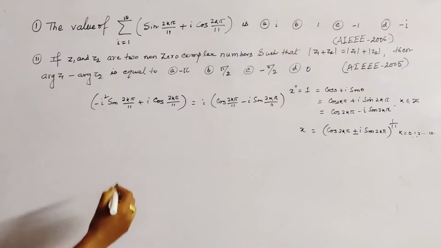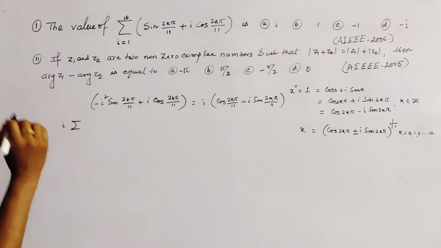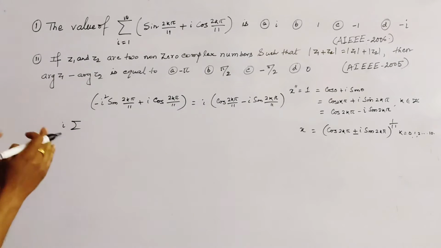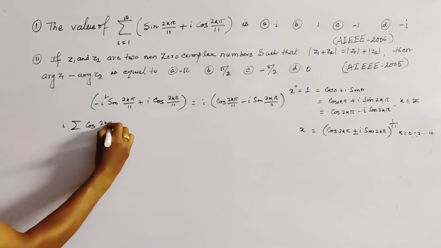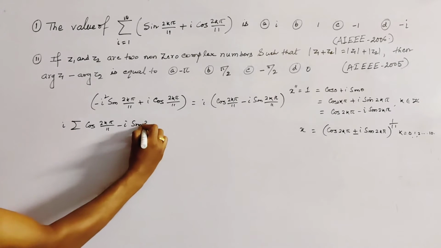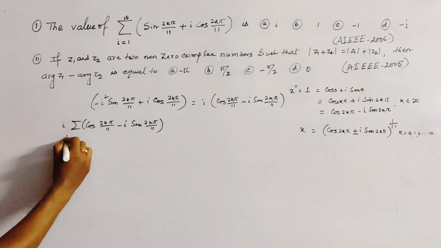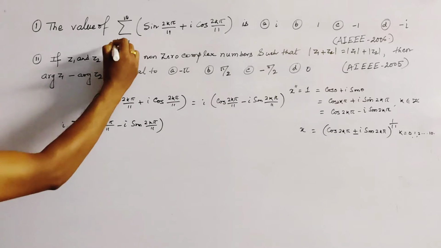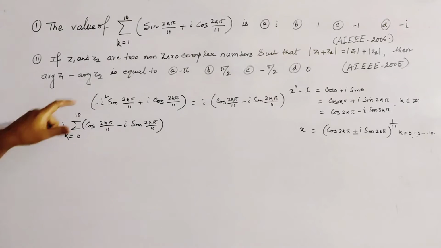Okay, and taking the summation, we take i common from the summation, and this is cos 2kπ/11 - i sin 2kπ/11. This must be k equal to 0 to 10, but here k equals 1 to 10.